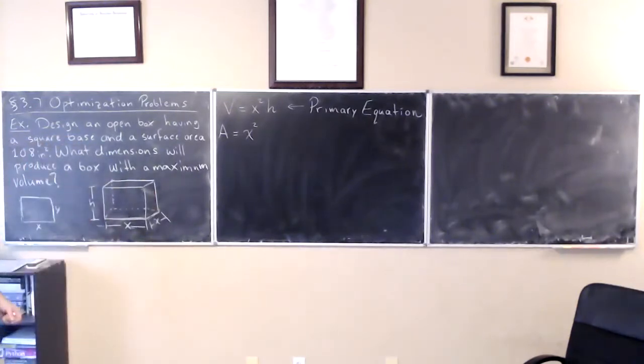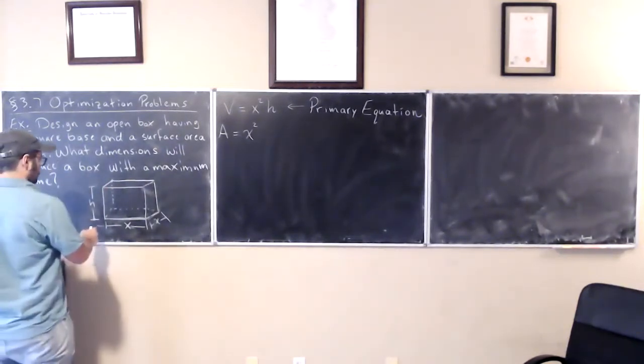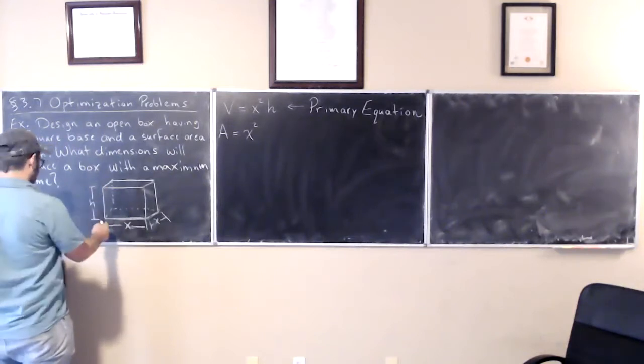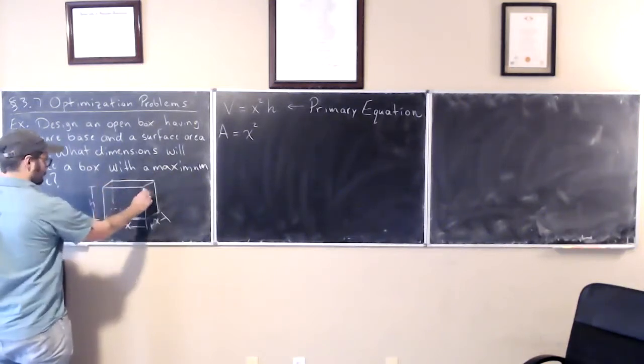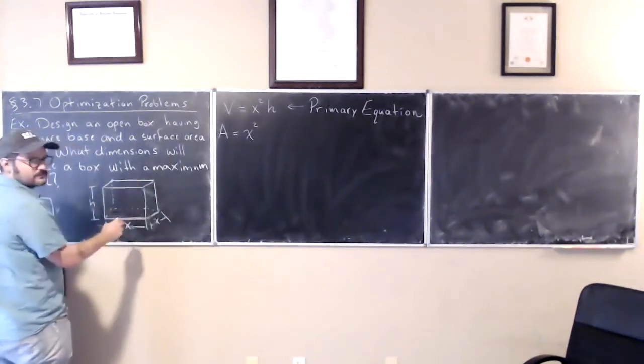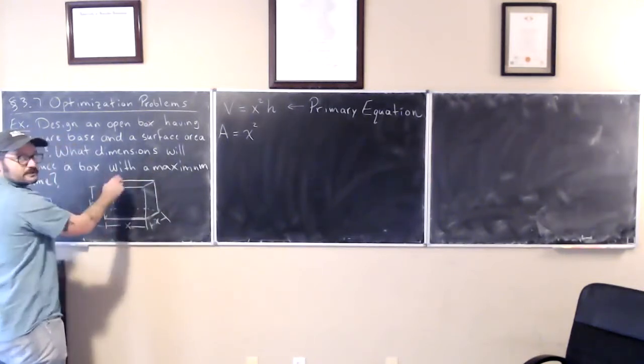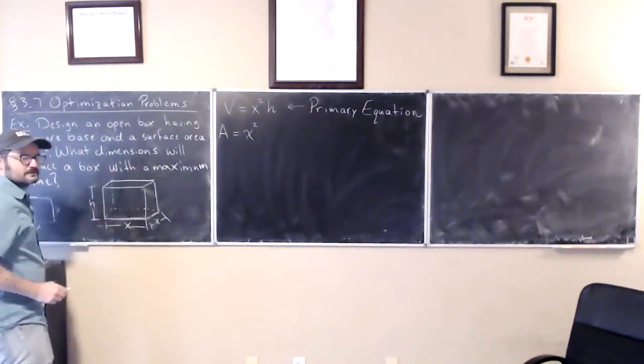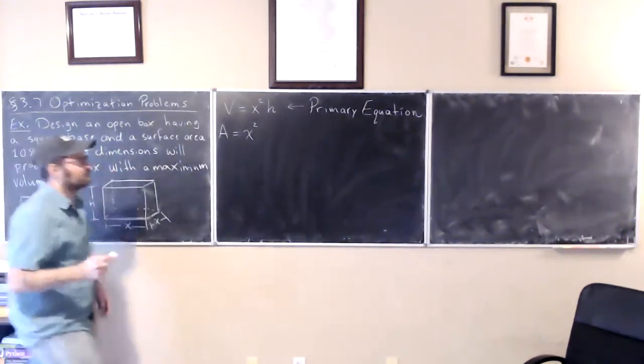And that's the total surface area of the box because there's nothing on top, it's open. So what is that? Well, x times h for this piece. And then x times h, x times h, x times h for those four sides.